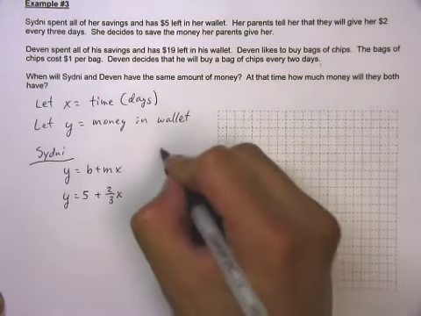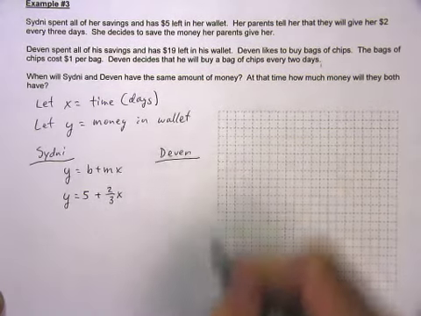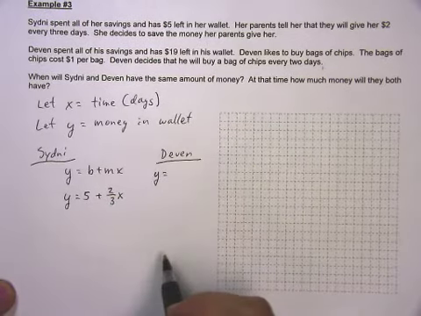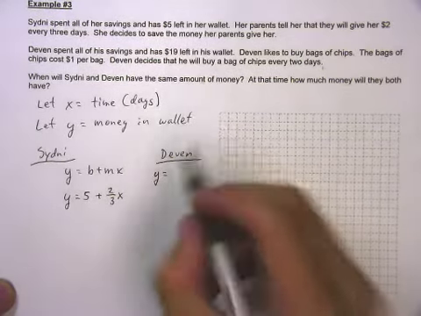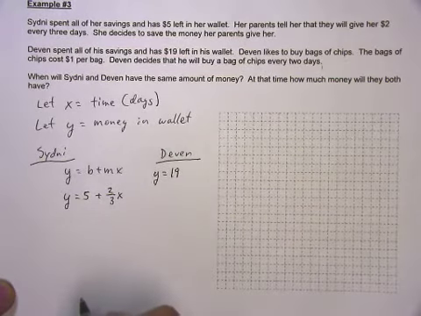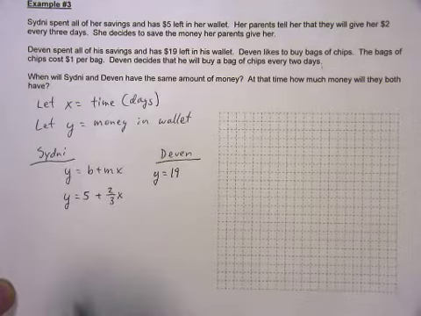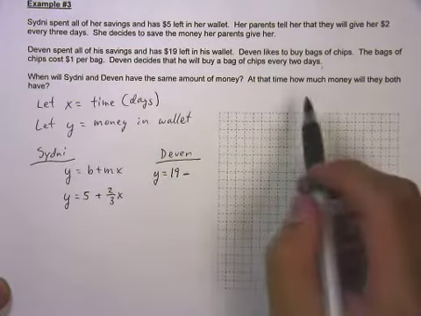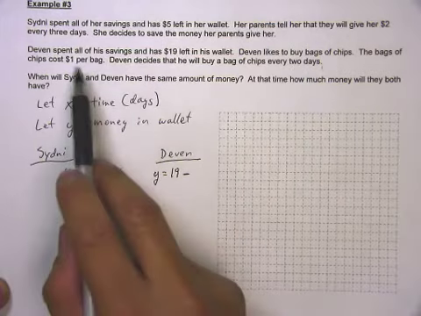Okay. For Devin, let's represent his money. So what's his initial value? He starts out with $19. So it's $19 for his initial value. And then he's spending money, so it's going to be subtracting. But how much is he subtracting? He likes to buy bags of chips. They cost $1 per bag.